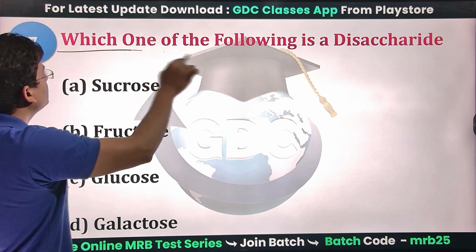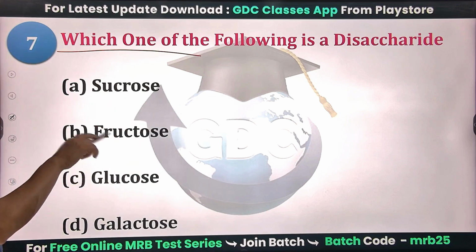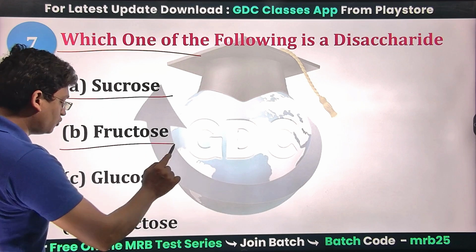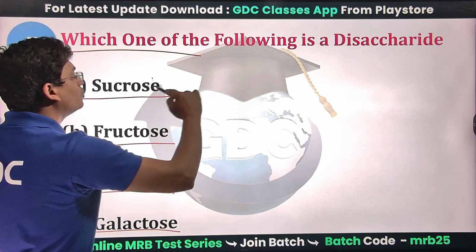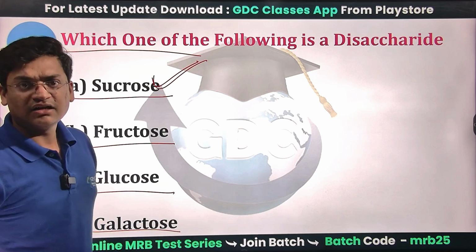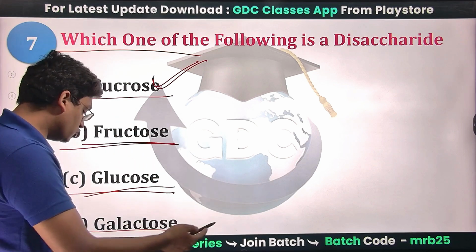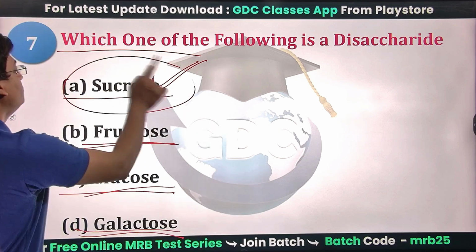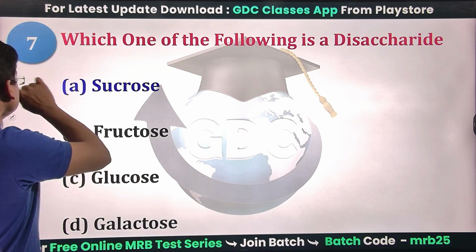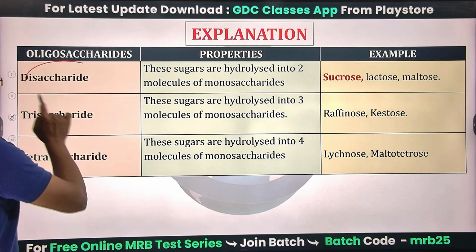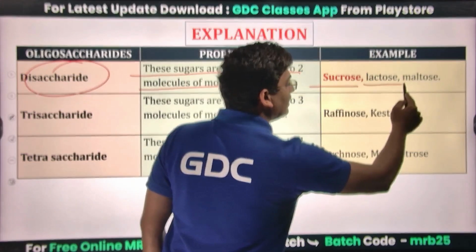Okay, the next question: which one of the following is a disaccharide? Sucrose, fructose, glucose or galactose. Sucrose is a disaccharide constituting glucose plus fructose molecules, while fructose, glucose and galactose are all monosaccharides. So the right answer is sucrose. Disaccharides are sugars that are hydrolyzed into two molecules of monosaccharide, like sucrose, lactose and maltose.